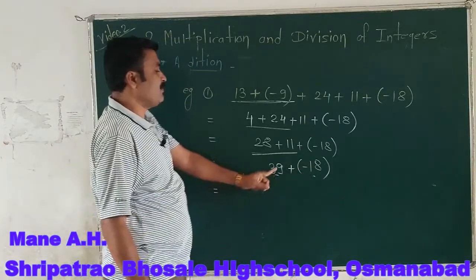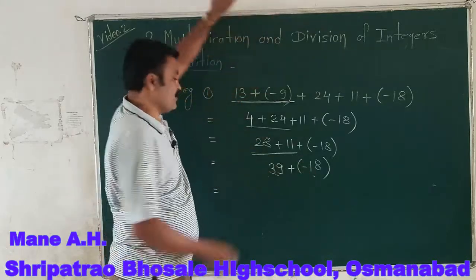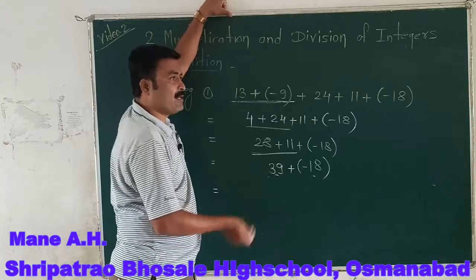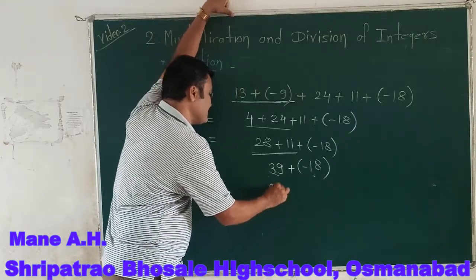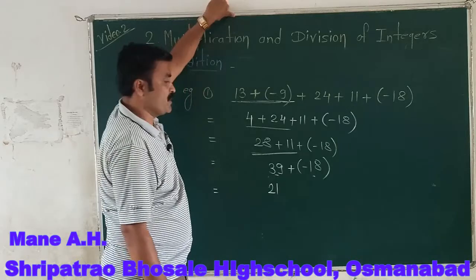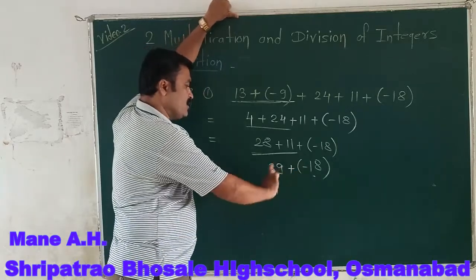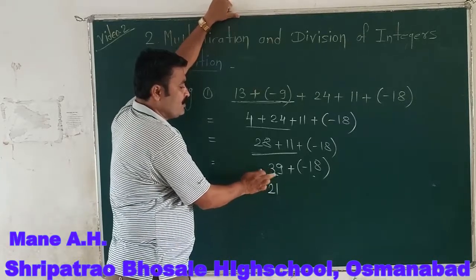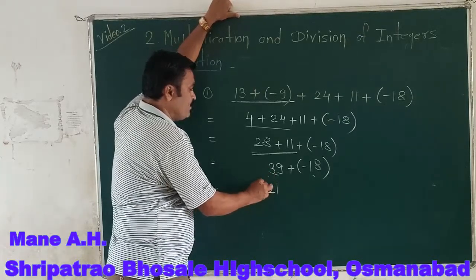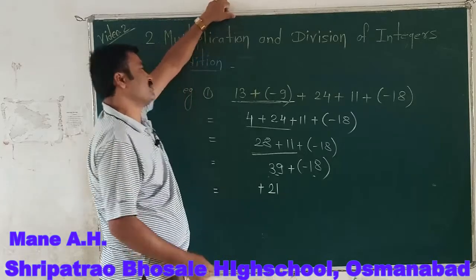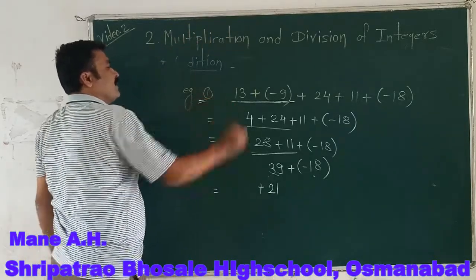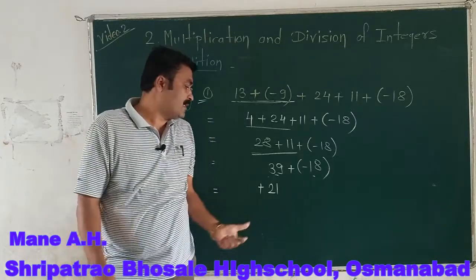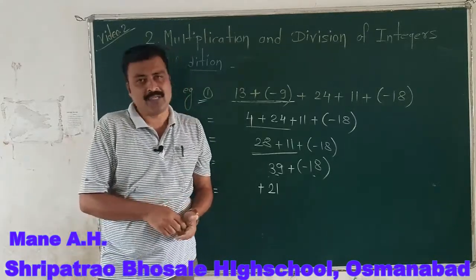So the difference between 39 and 18, 39 आणि 18 या दोन संख्यांमधला फरक घ्यायचा आहे. So that difference comes as 21. मग या ठिकाणी चिन्ह ठरवायचं आहे. So magnitude of 39 is more, so 39 has plus sign, so we put down plus sign. That means the answer for this example, that is addition of 5 integers, here comes plus 21.